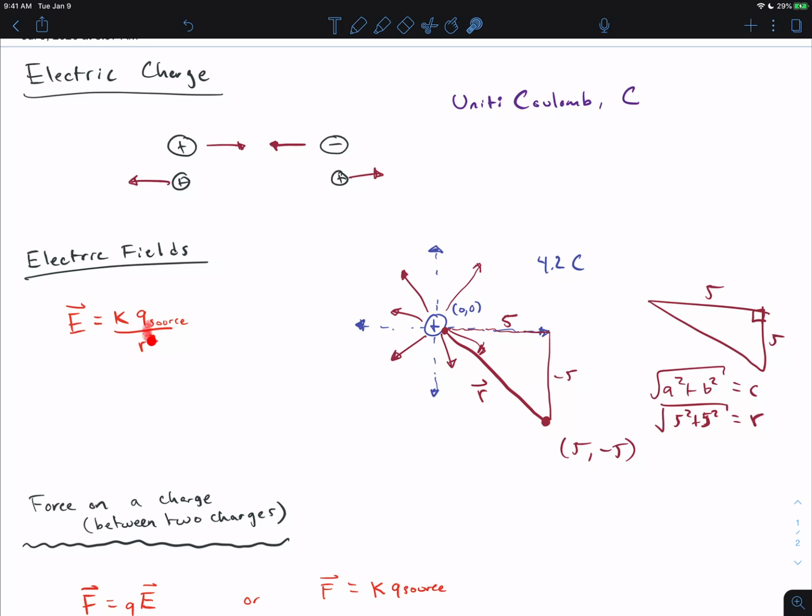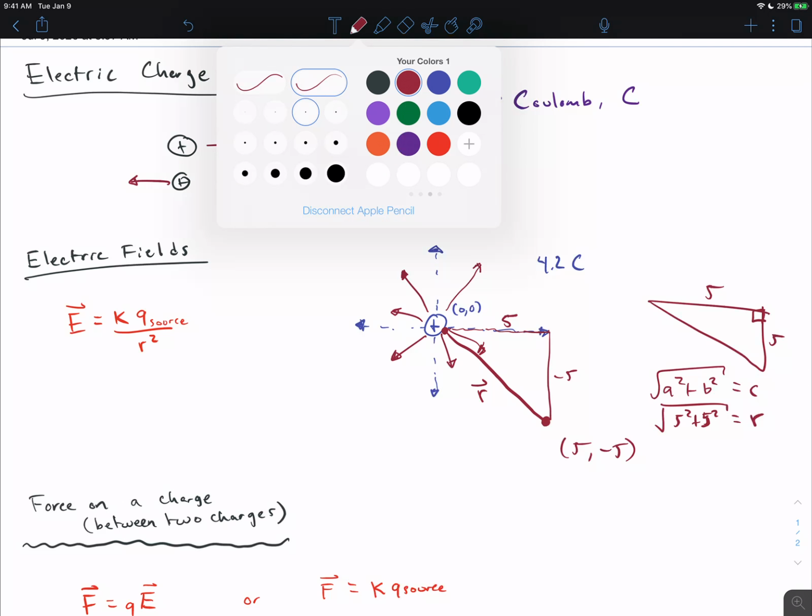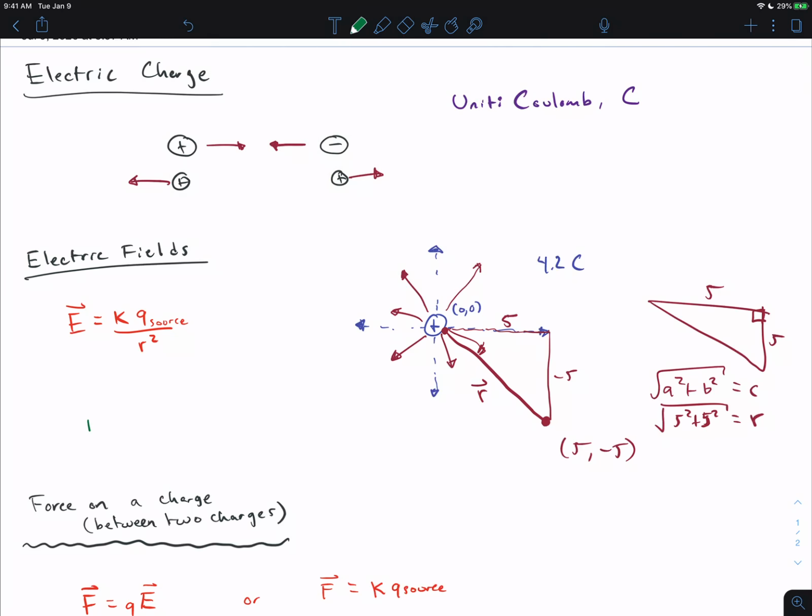And the last part of this formula is my K. For K, we want to have our constant. You might see this in your textbooks or modules as something a little bit different. Here I'll write what my K is: it's 1 over 4 pi epsilon naught, and my epsilon naught is equal to 8.85 times 10 to the minus 12 coulomb squared per Newton meter squared.